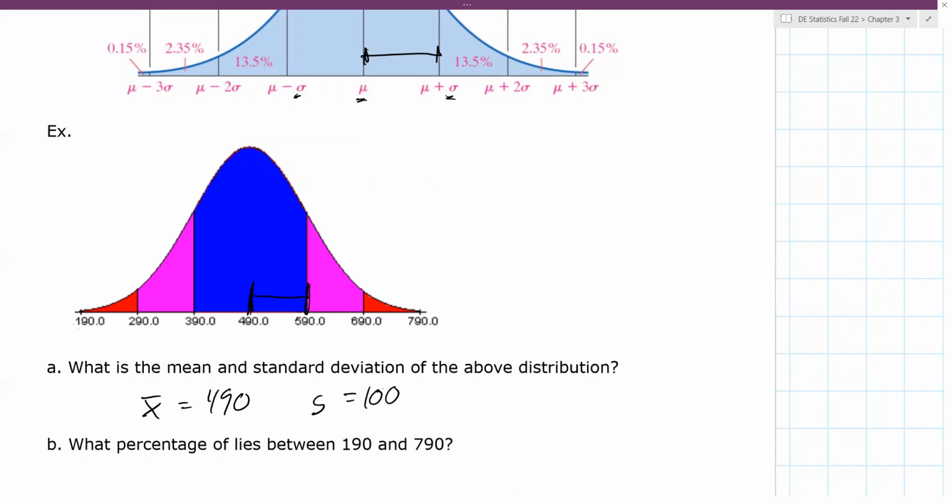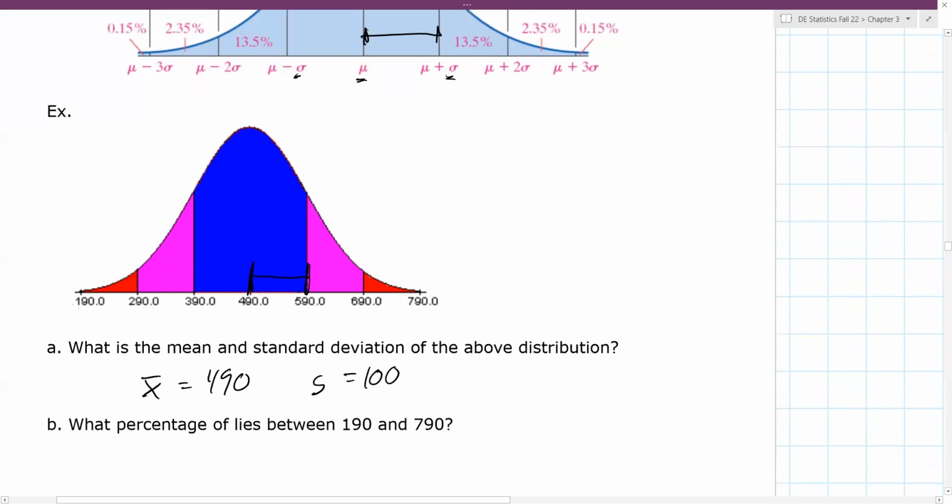So what percentage of the data lies between 190 and 790? Well, we start with the center, with our median, and we go, okay, that's 1 standard deviation, 2 standard deviations, 3. So I'm at +3 standard deviations above the mean to get to 790.